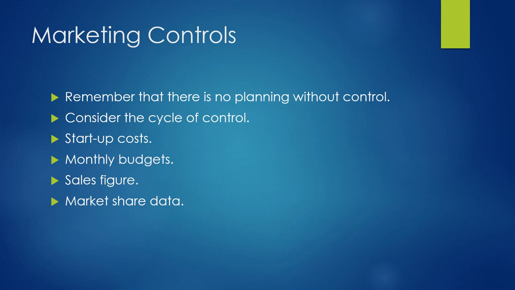Then we have to measure actual performance and compare it with the standards. If there are some deviations, we have to correct these deviations by corrective actions. And we have to have figures like sales figures, budgets, market share data, startup costs. This will help us to implement control properly.